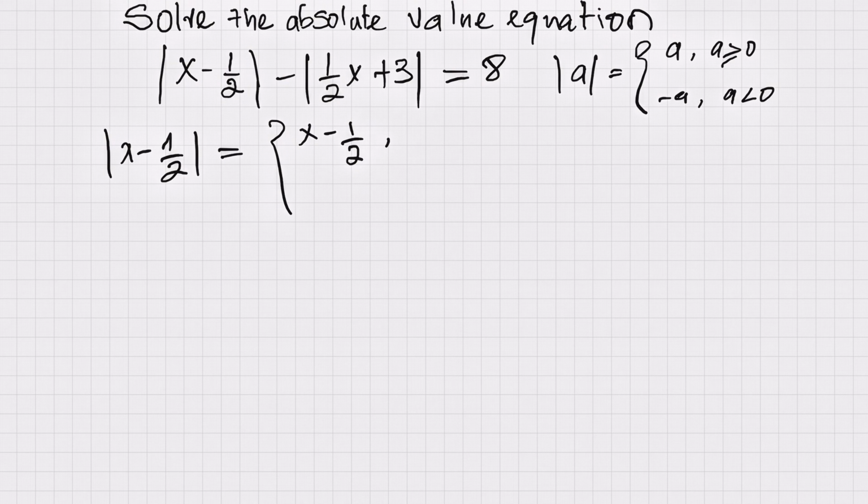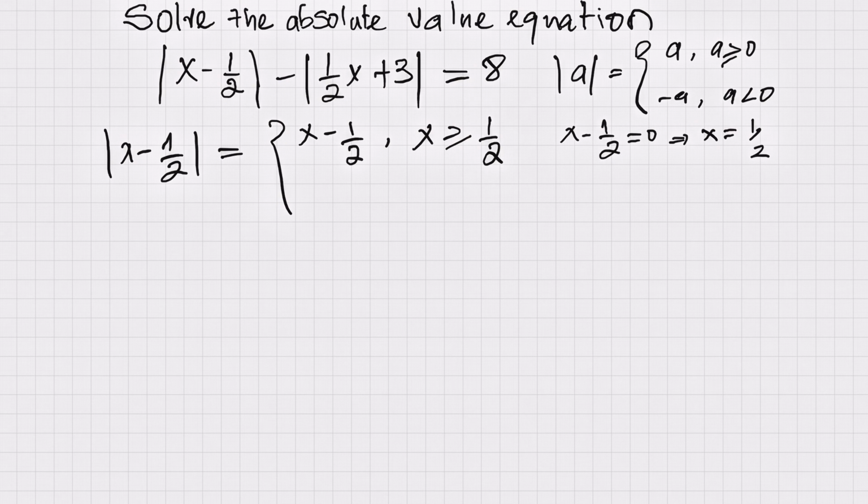If we look at the zeros, x minus a half is equal to 0, which means that x is equal to a half. But look at it keenly. In what situation is x minus a half positive? It is positive when x is greater than or equal to half.